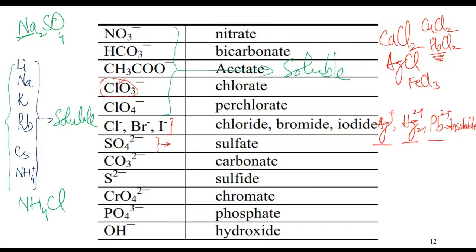Friends, SO4 attached with any element, the compound will be soluble. But if SO4 is attached with these 3, Ag, Hg, and Pb, same, and the last three elements of group 2, calcium, strontium, and barium, these are three elements from the second group of the periodic table.